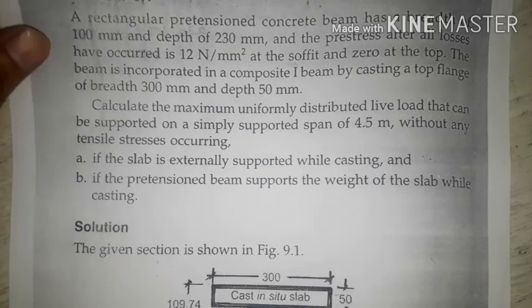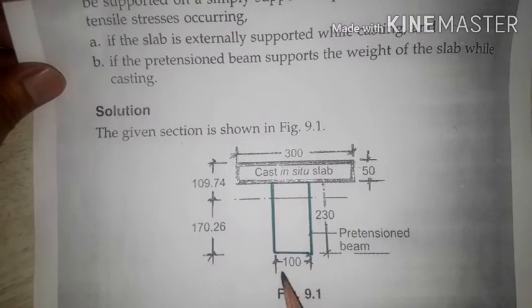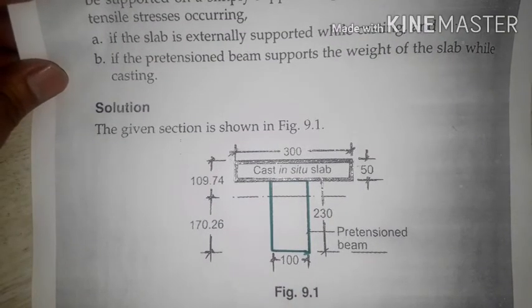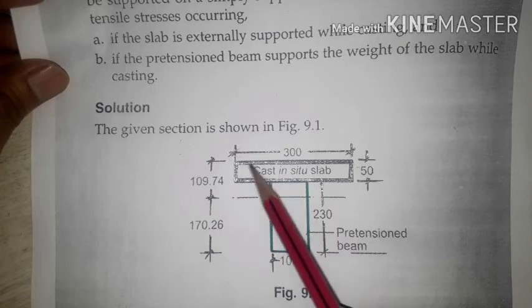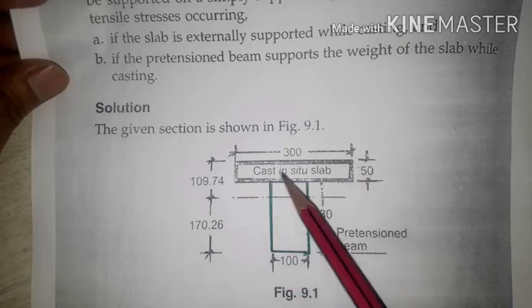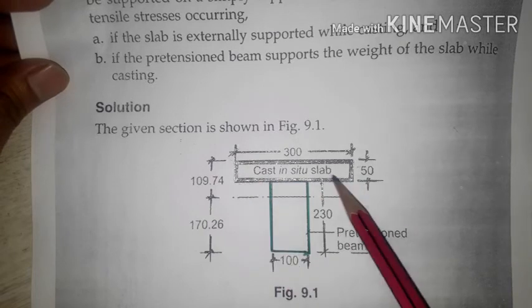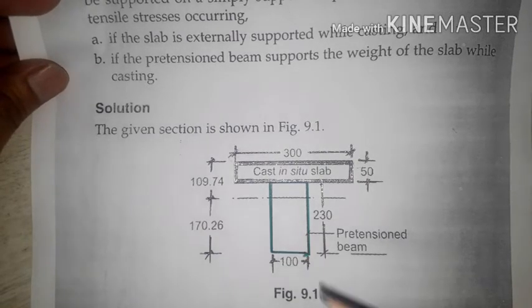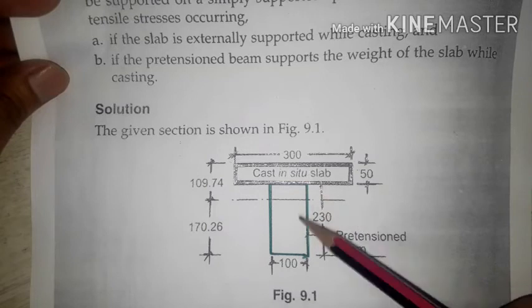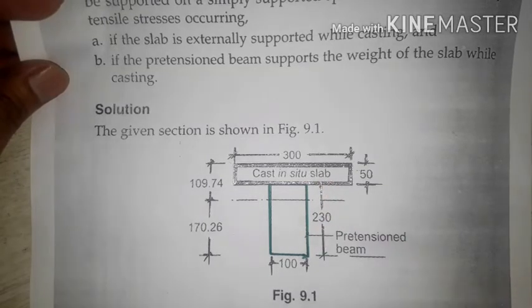So here it is a composite section, and you can see the sketch here. It is a rectangular section in green color, and in black color it is a flange. The flange is supported over a section, and it is in two basic parts.